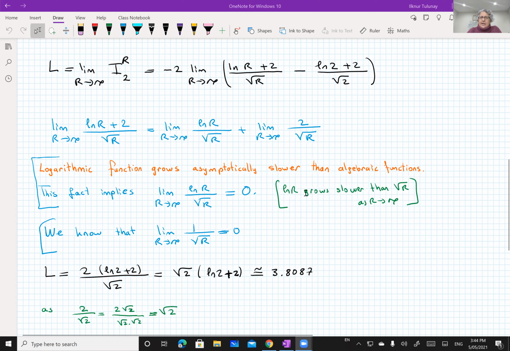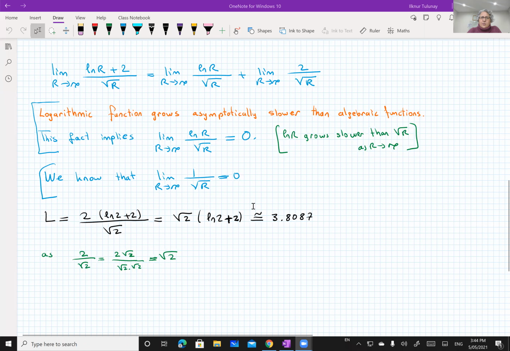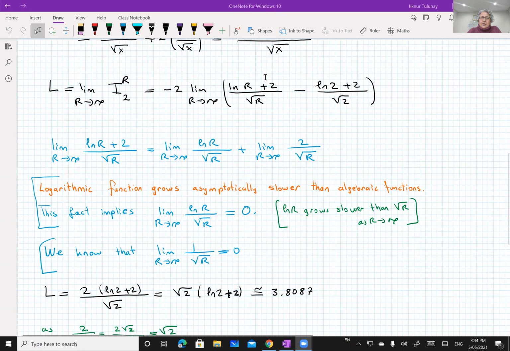This means that ln r grows slower than root r as r goes to infinity. If it goes slower and this is faster, then you're approaching 0. And we know that 1 over root r goes to 0. So this is 0 and that is 0. So the whole logarithmic part is 0, but we have this part.